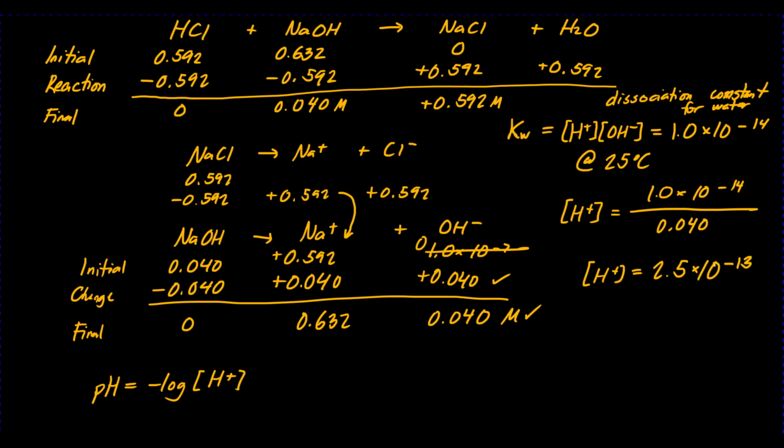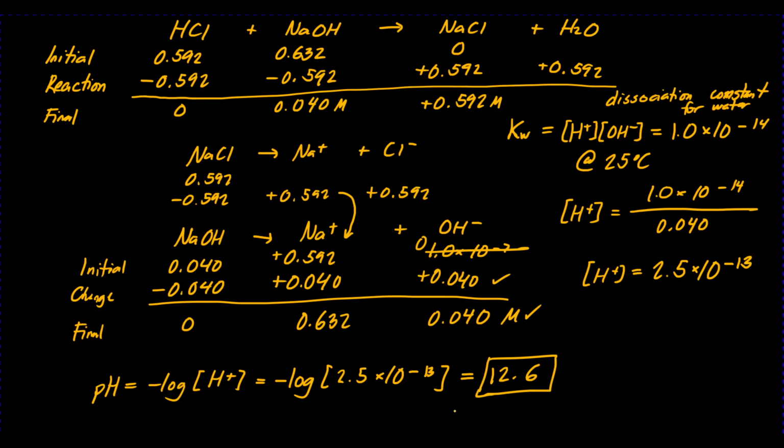So that is the amount that we will be plugging in here to get the value of the pH. Remember that it is base 10. So the pH that I obtained is 12.6.